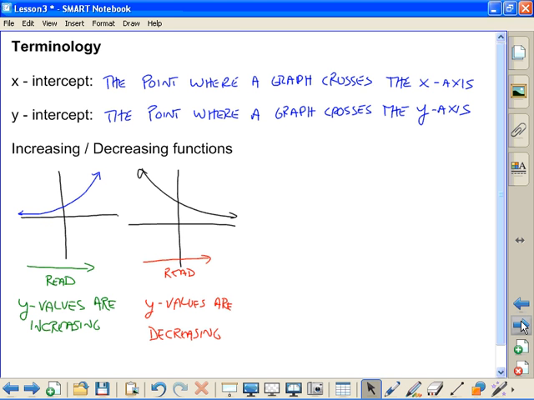Now, the one thing I do want to add in here that's not in the note, so we're going to add in a term here. It's the word asymptote. Very important with an exponential.